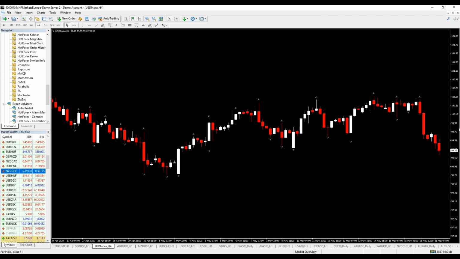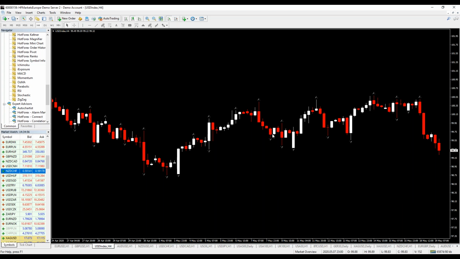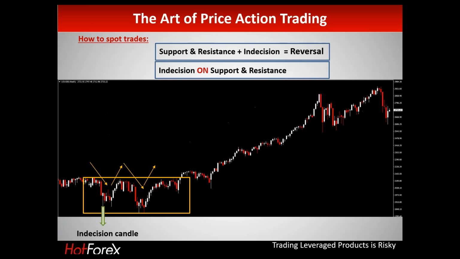Maybe you can use fractals if you want to, but price action is solely about reading the candles, nothing else. So a clear chart. My MT4 was like that because I was doing a dollar index analysis earlier. If you check our webinar, I have posted the USA 500 and dollar index analysis earlier. So I don't use MACD. Ignore MACD for now.